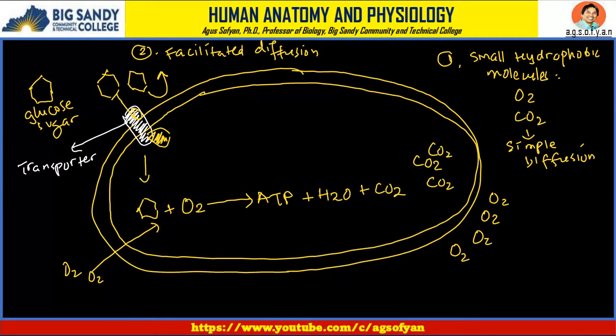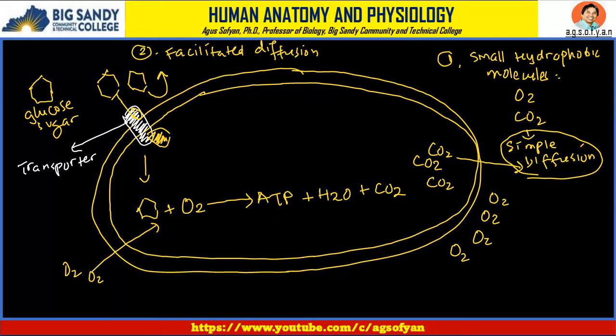And this carbon dioxide has to be removed from the cell. It has to cross the cell membrane. And this carbon dioxide will use the same movement as oxygen, called simple diffusion. So oxygen and carbon dioxide use simple diffusion. Bigger molecules like glucose use facilitated diffusion.